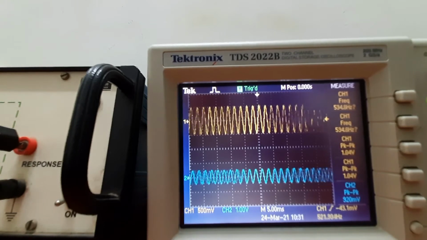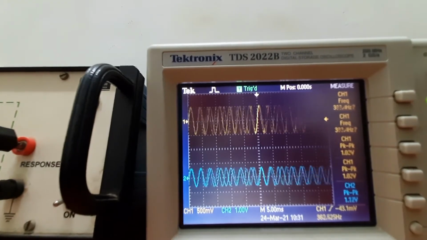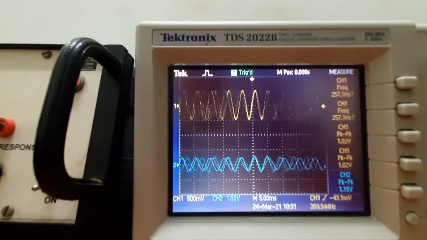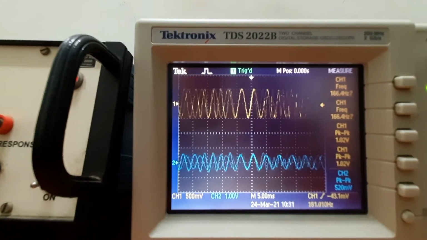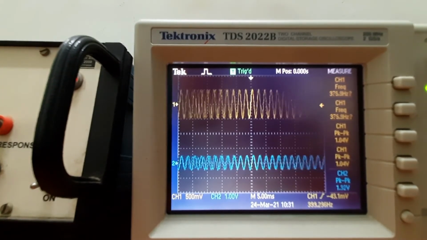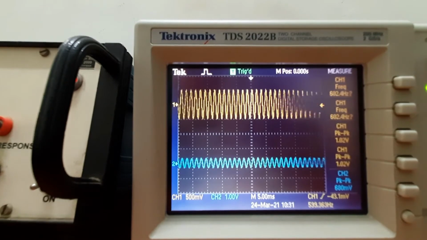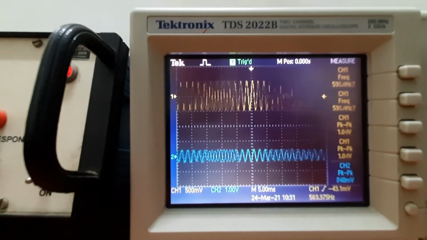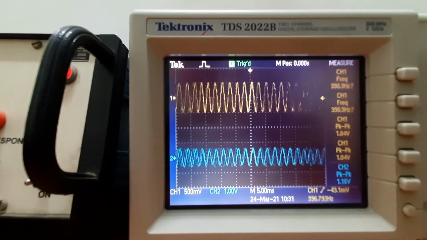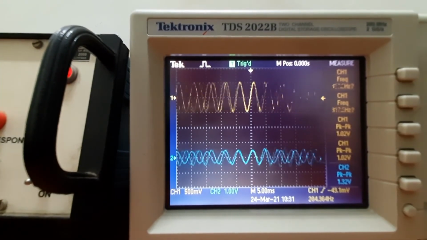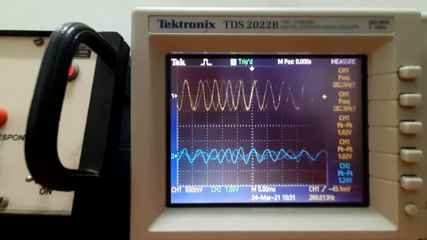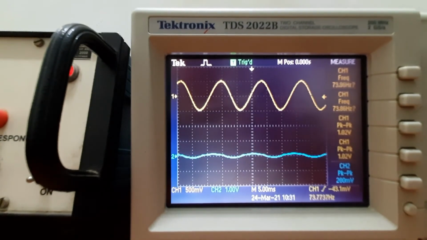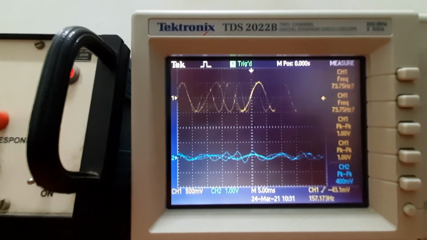When I am reducing the frequency, then the channel 2 output voltage is increasing, and when I am increasing the frequency, then the channel 2 voltage is decreasing. So we have to note down the frequency of channel 1 and voltage of channel 2, peak to peak voltage, and tabulate the values.